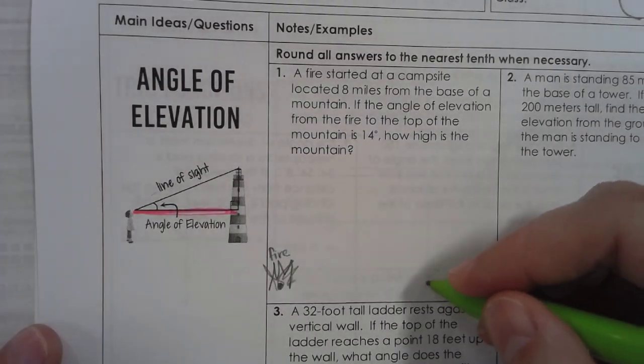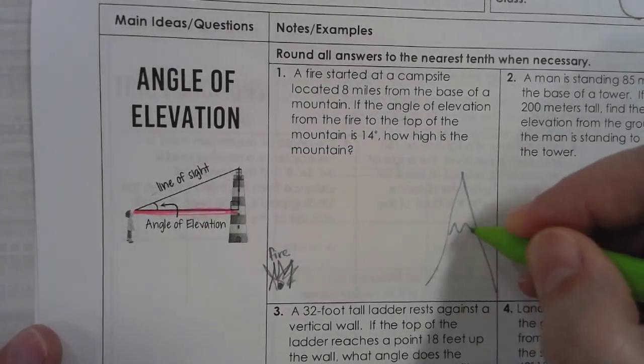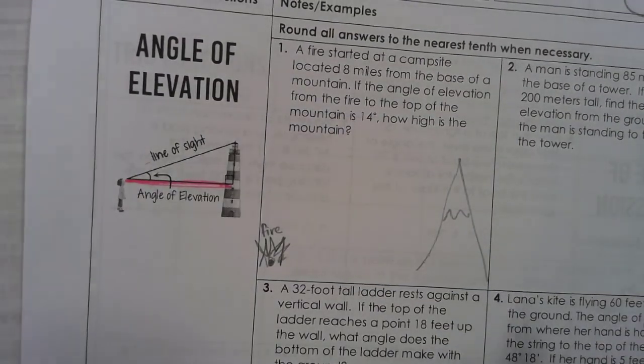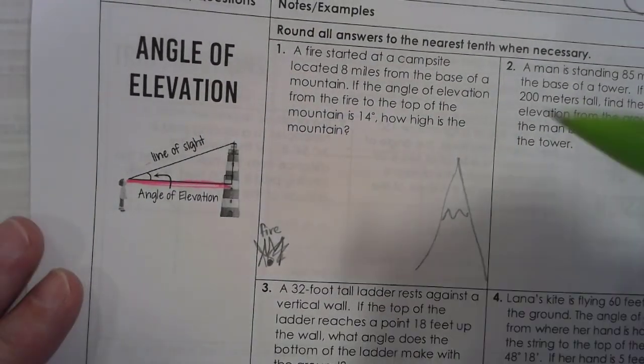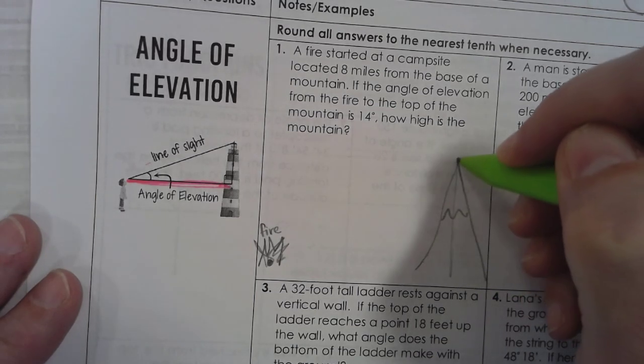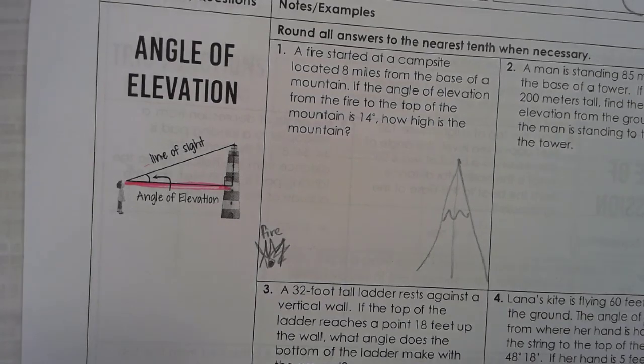And then we have our mountain. Here's our mountain. Snow-capped peak. Isn't that beautiful? Or you can draw a straight line that goes up from the bottom of the mountain to the top of the mountain, and you can label it mountain.